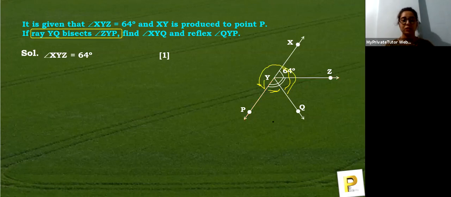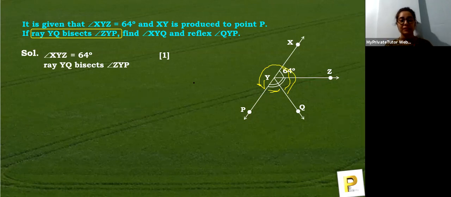Okay, let's check the solution. So XYZ we already have as 64. Ray YQ bisects ZYP. Bisect means what? It will divide the angle into equal parts.